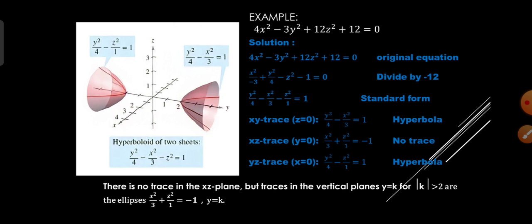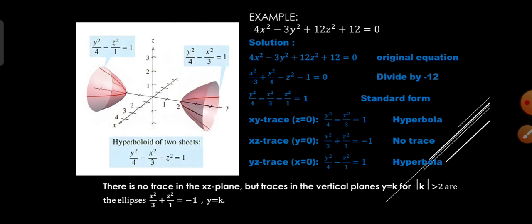Example: 4x squared minus 3y squared plus 12z squared plus 12 is equal to 0. So, solution. The original equation is 4x squared minus 3y squared plus 12z squared plus 12 is equal to 0. So, we divide it by negative 12.